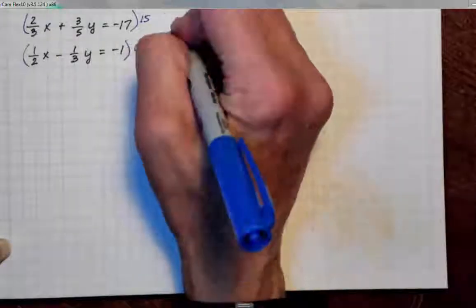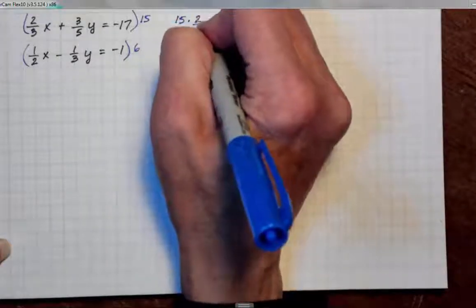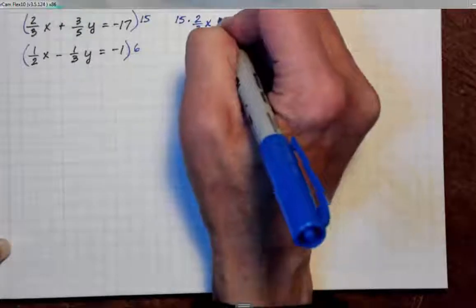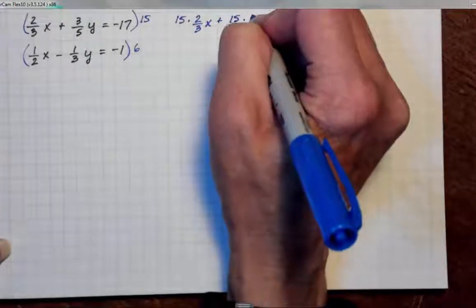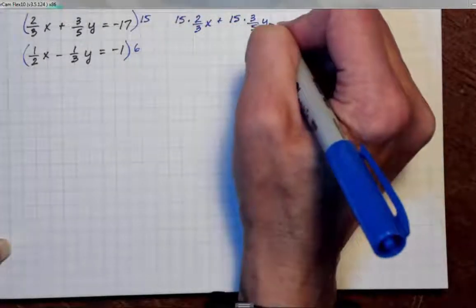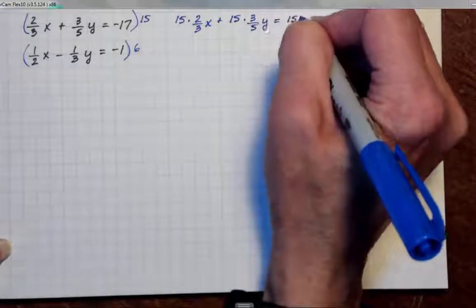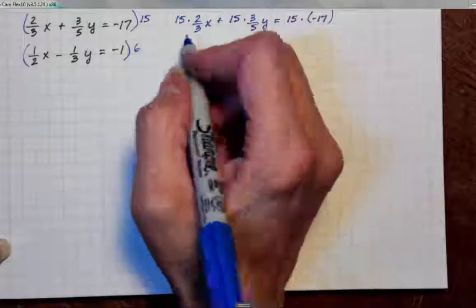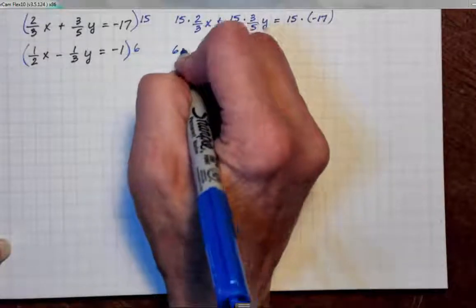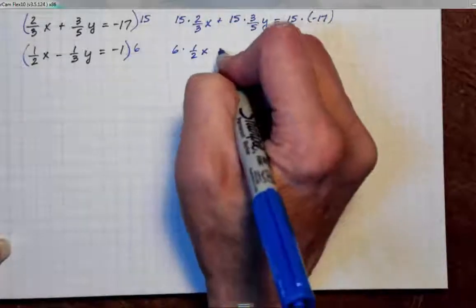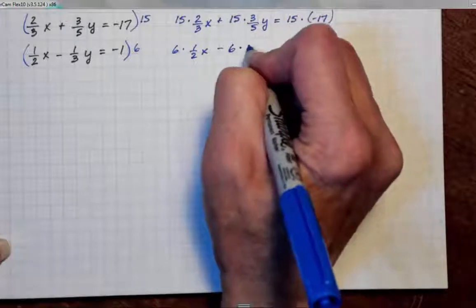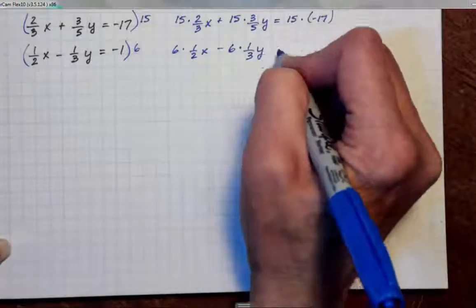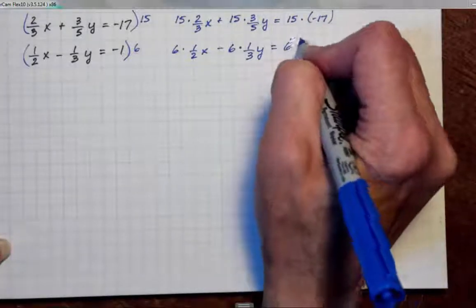So I'm going to take 15 times 2/3 x plus 15 times 3/5 y equals 15 times -17. And the second equation is going to be 6 times 1/2 x minus 6 times 1/3 y equals 6 times -1.